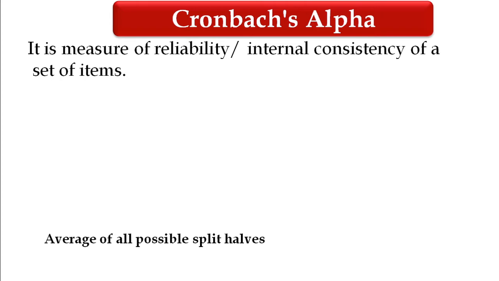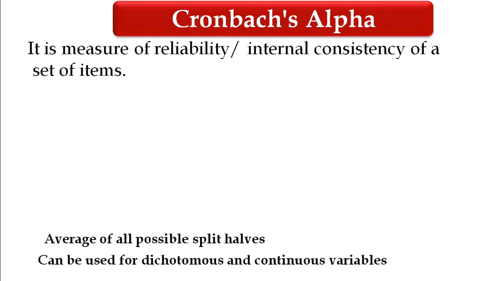It includes all the possible ways of split half, meaning first half, second half, odd number of questions, even number of questions. So whatever ways you can split a test in half, Cronbach alpha includes them. It can be used for dichotomous and continuous variables.